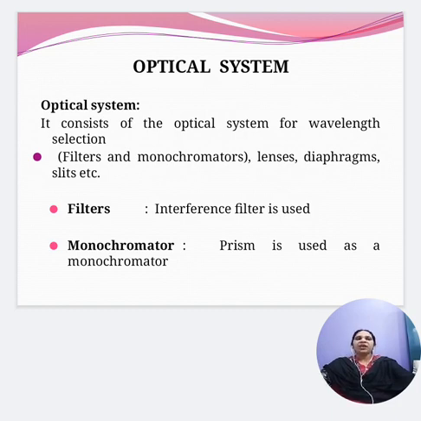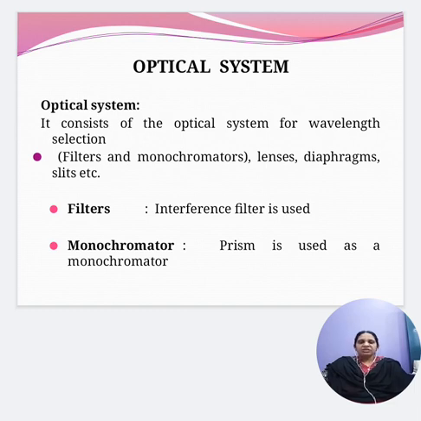All these together form the optical system. For what purpose are we using the optical system? The optical system is used for wavelength selection.